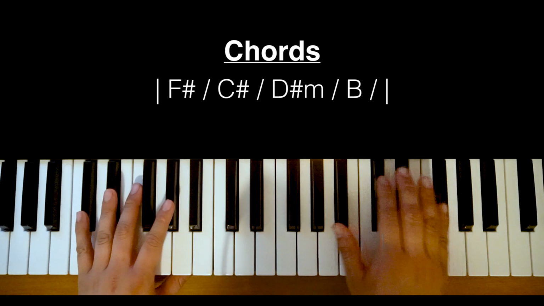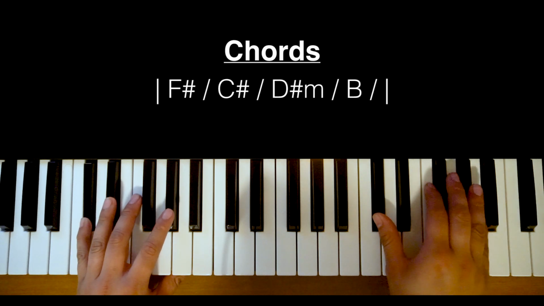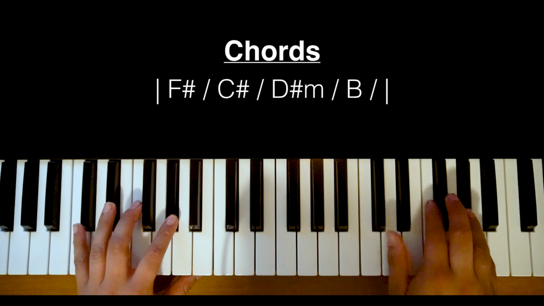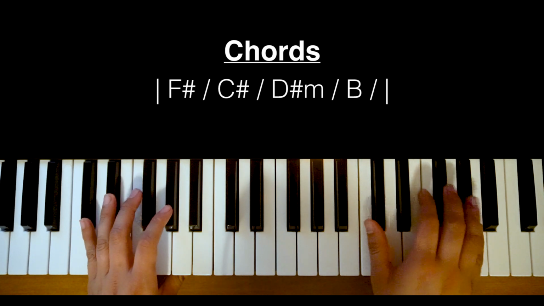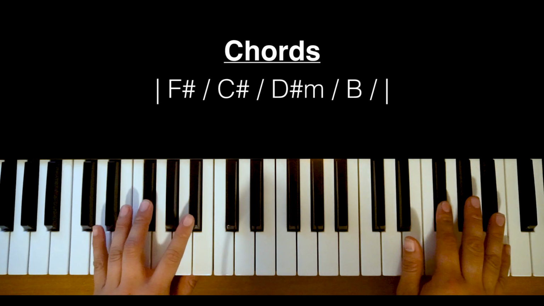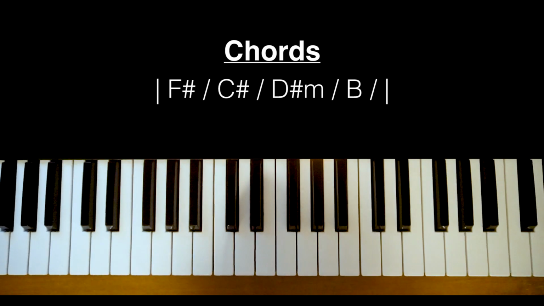Another chord is a C sharp: C sharp, E sharp, G sharp. And then the last chord that they use is a D sharp minor: D sharp, F sharp, and A sharp. Alrighty then. Hopefully that was easy to understand.